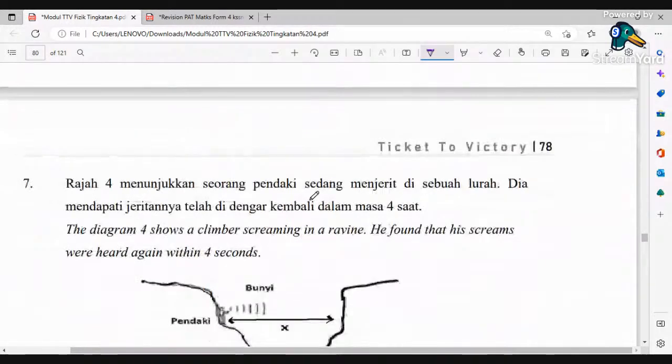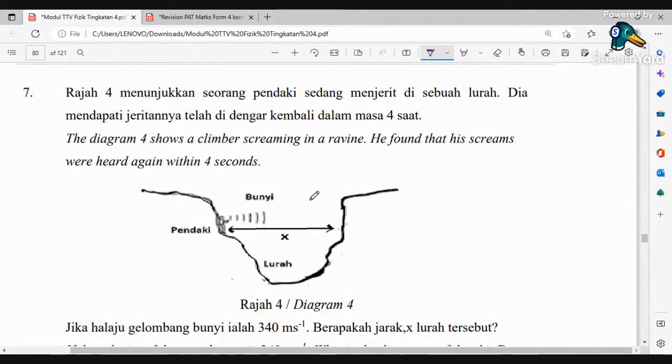Okay, number 7. Diagram shows a climber screaming in a ravine. He found that his screams were heard again within 4 seconds. So this is an echo. The sound that he can hear back is an echo, caused by reflection of sound wave.